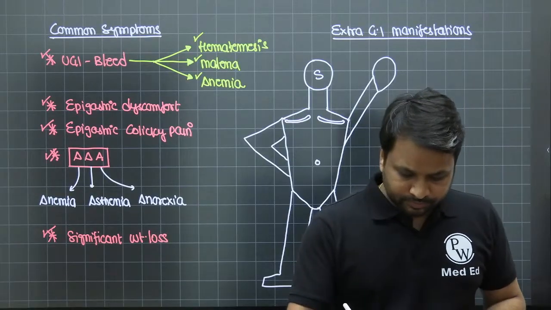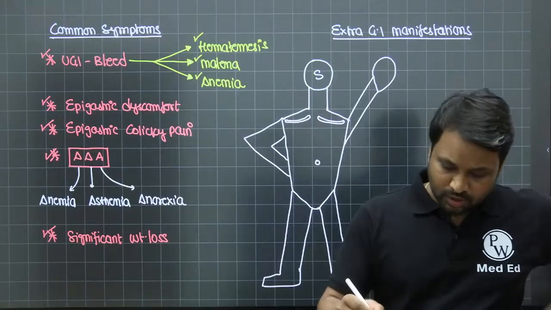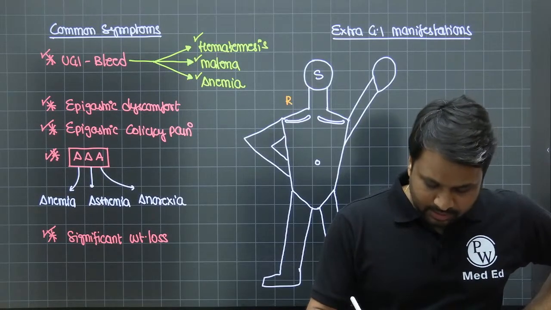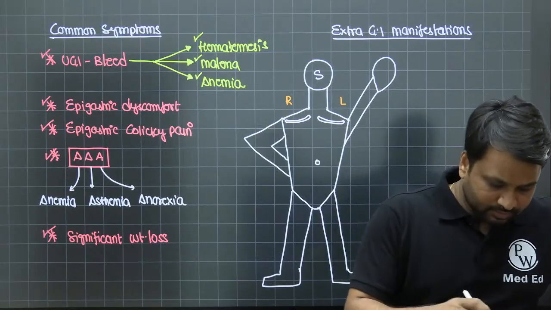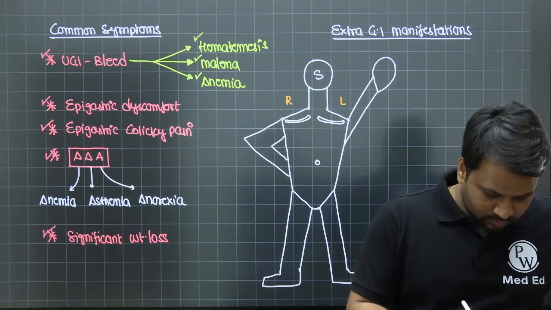So you have multiple enlarged nodes. Just for the sake of understanding, this happens to be the right side and this happens to be the left side.